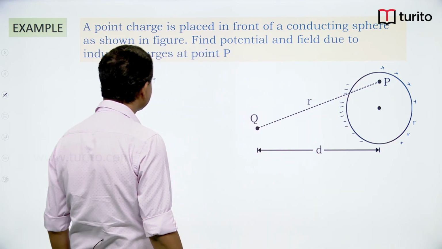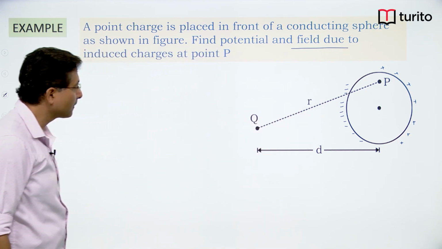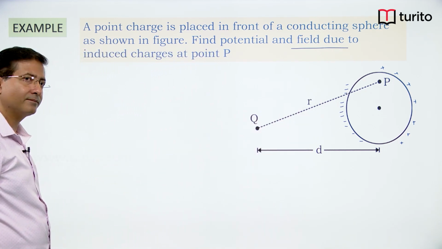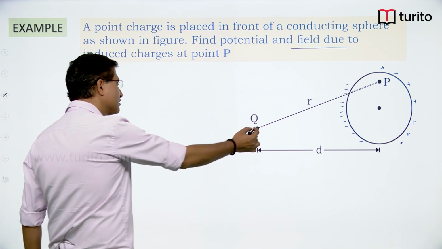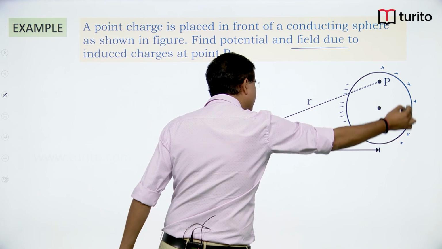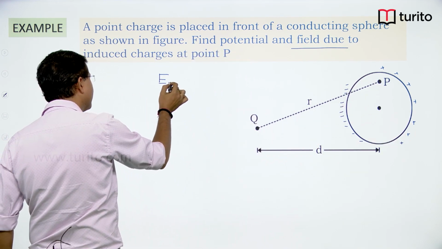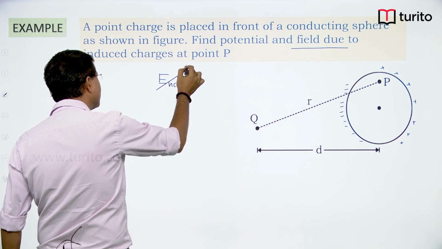So, if I talk about field first, okay, field first. Whatever field this is producing at this particular point in this direction, the same field is produced by the induced charge in the opposite direction, because the net on the conductor has to be 0.